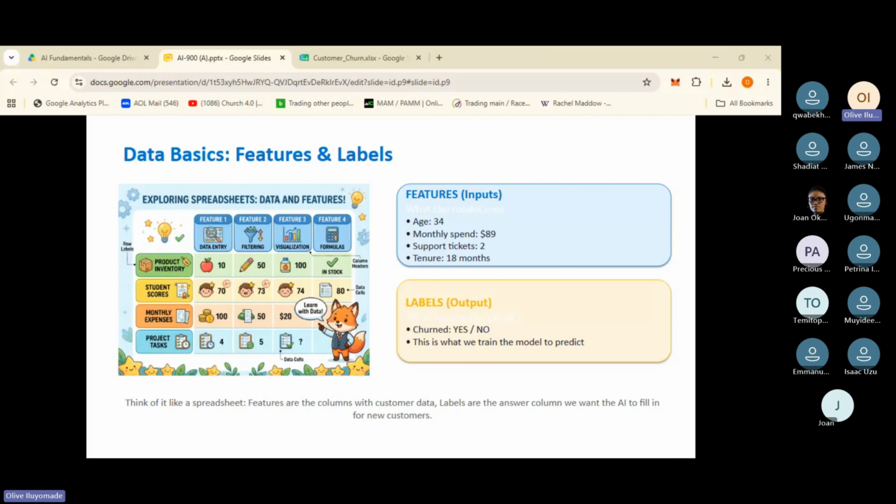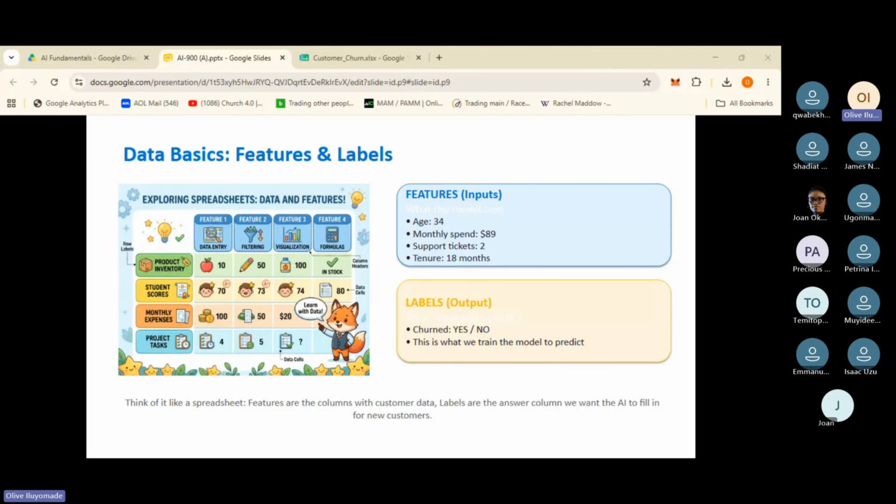Now the labels are our outputs. So churned: is it yes, is it no? This information is what we're using to train the model and how it's going to predict. Remember, it's history, it's data that has already happened. So we have the features of the customer, and we have whether they have churned or not. That is put in.